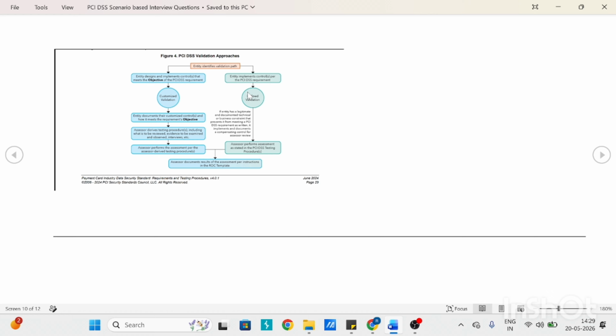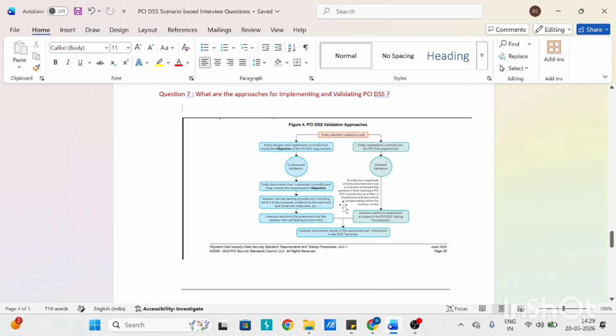So compensating controls come under the customized validation part here. And at the last, once you have assessed, you can go for the ROC template, and then the AOC template. The same process we need to apply for the defined validation part also. This is the image I copied from the official PCI DSS document.